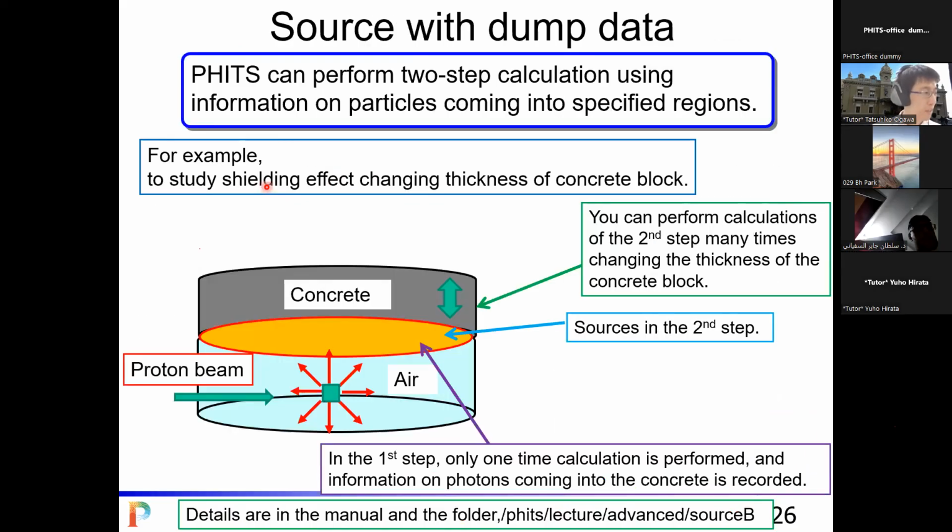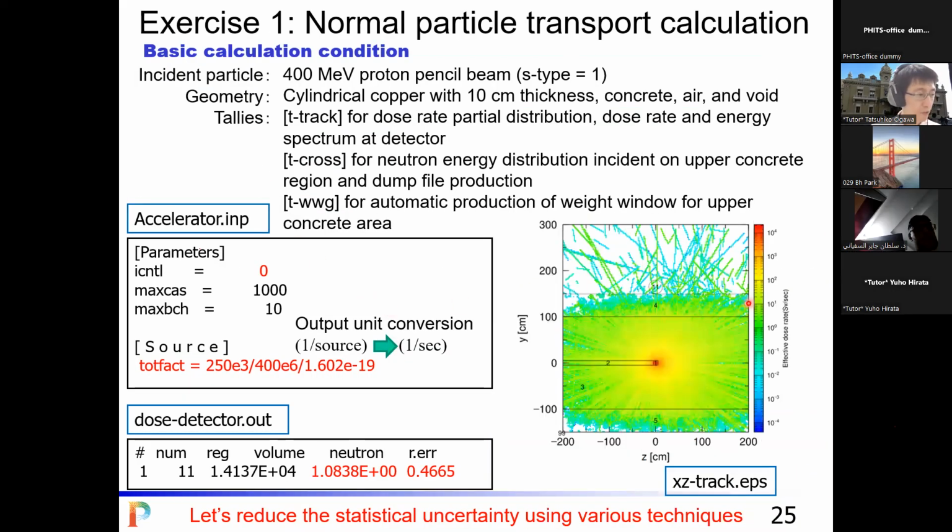And after running this input file, you get a result of the transport, xz-track.eps. In the same way as the previous gamma shielding, the particle flux at the evaluation point, cell 11, is very sparse.